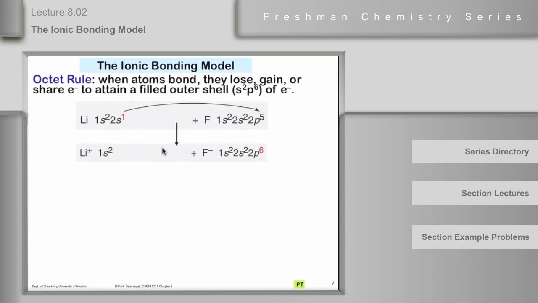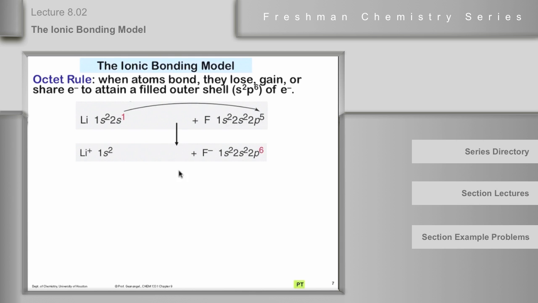So we could represent the process of forming the ions by removing the least tightly held electron from the metal and putting it in the available valence spot for the nonmetal. This is not going to work for a noble gas because it doesn't have any spots.